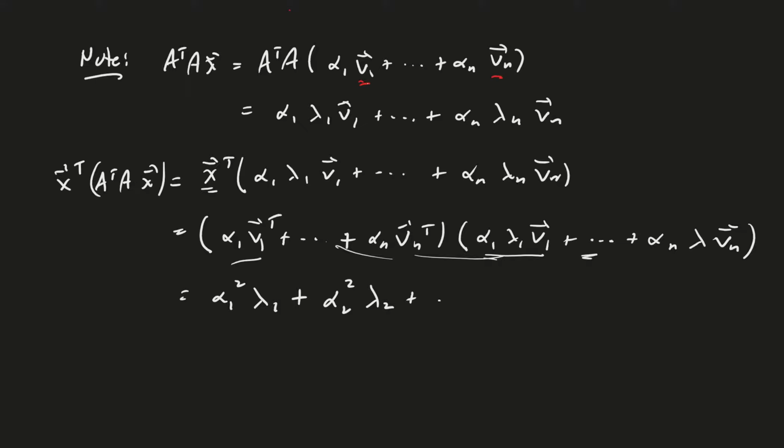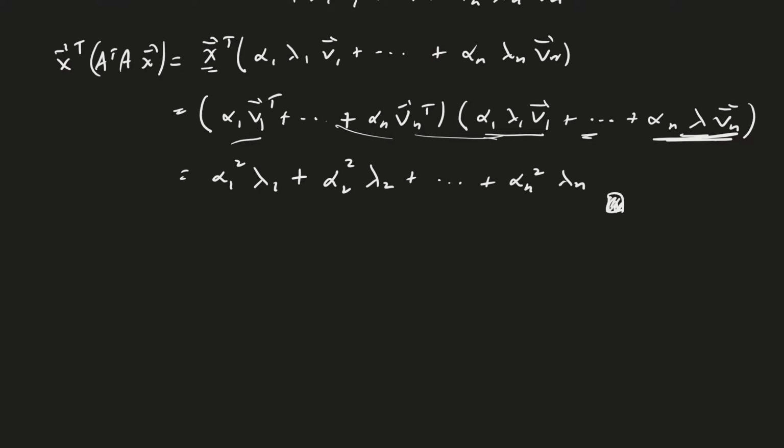And then I continue that until I get to the last one. And so that's going to be similar, alpha n squared lambda n times 1, vn transpose times vn. Good, plus a bunch of zeros. Good. And so this then is true by orthogonality.